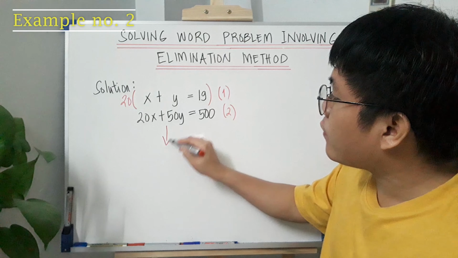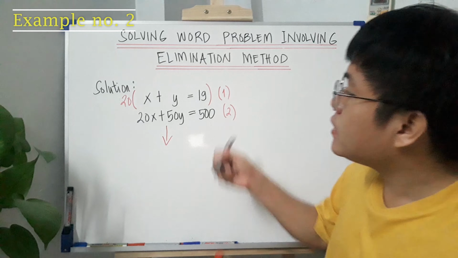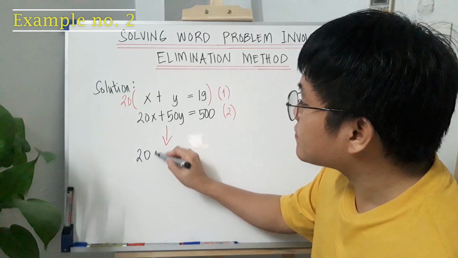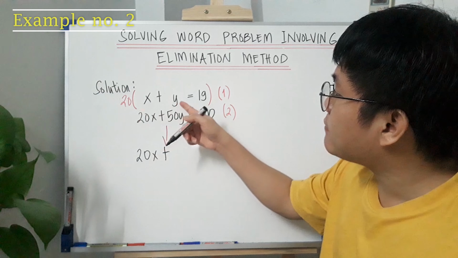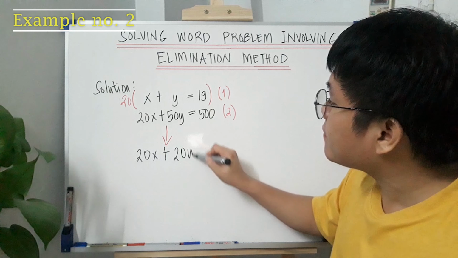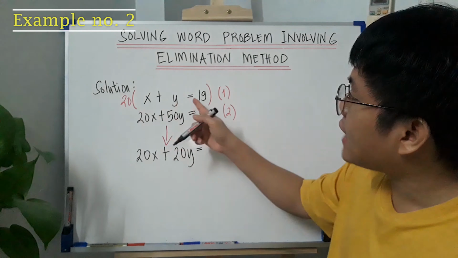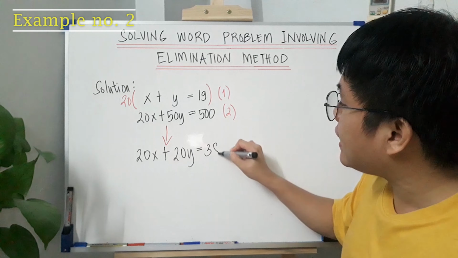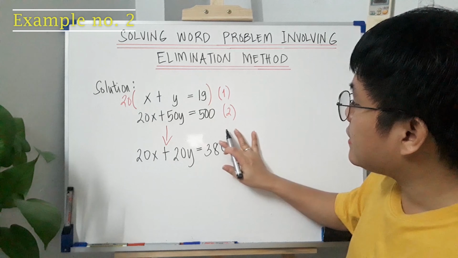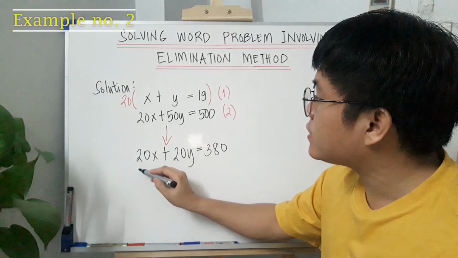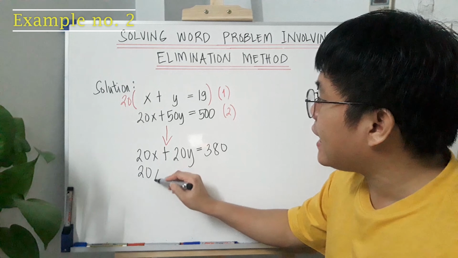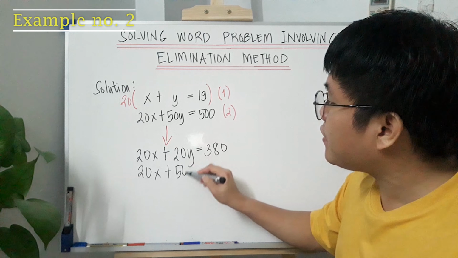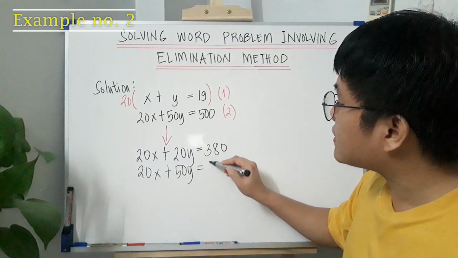Therefore, our new equation now will be 20x plus 20 times y, that is 20y, equals 20 times 19, that is 380. And then let's just copy equation number 2, which is 20x plus 50y equals 500.